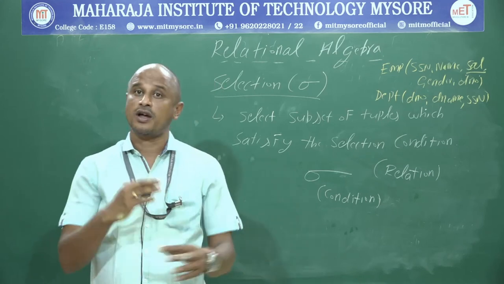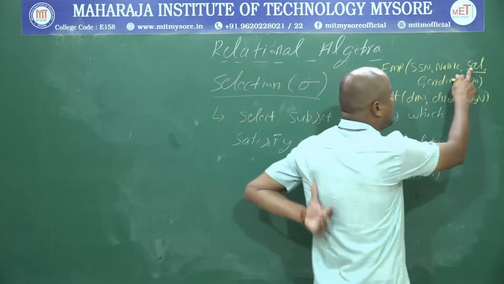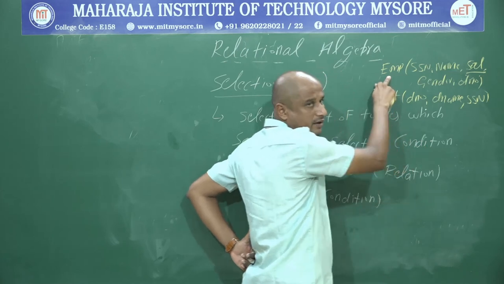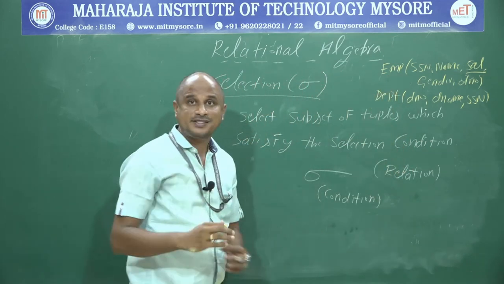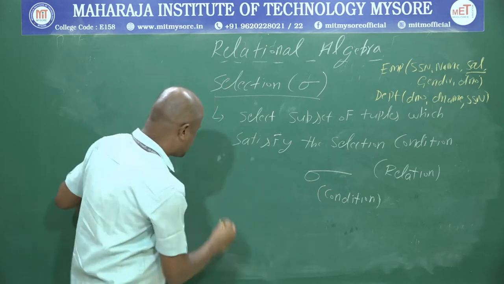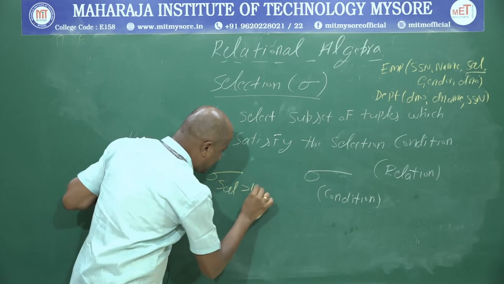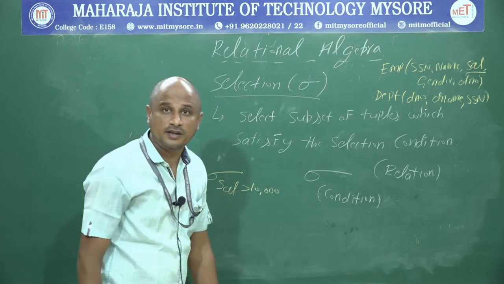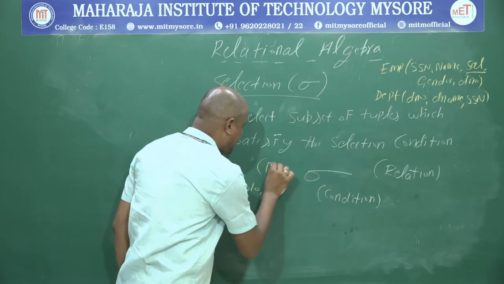You want to find the employees whose salary is greater than 10,000. So the condition is salary greater than 10,000, taken from the employee table.